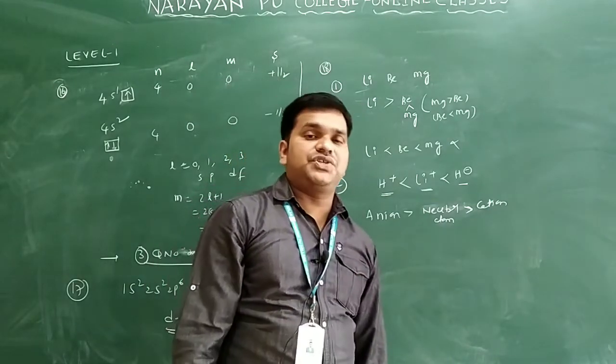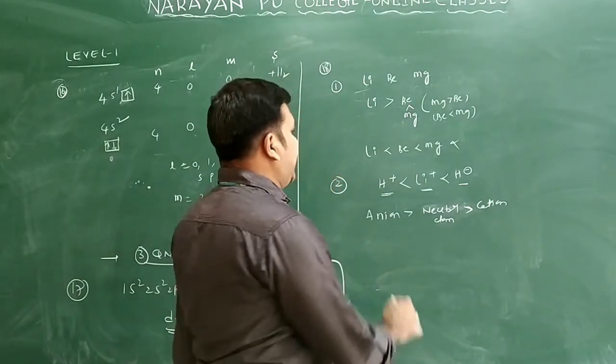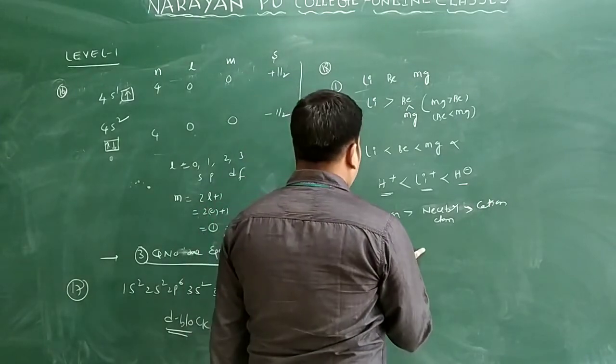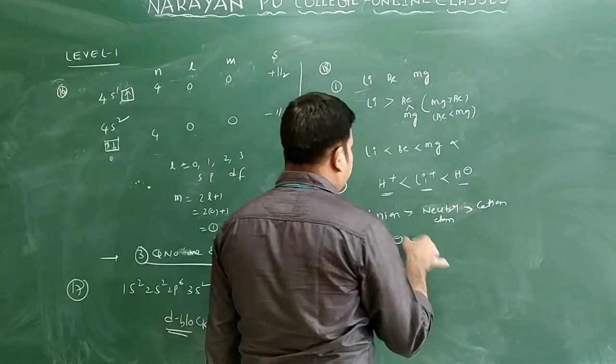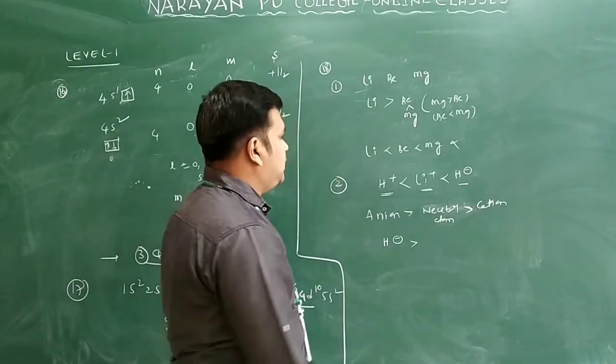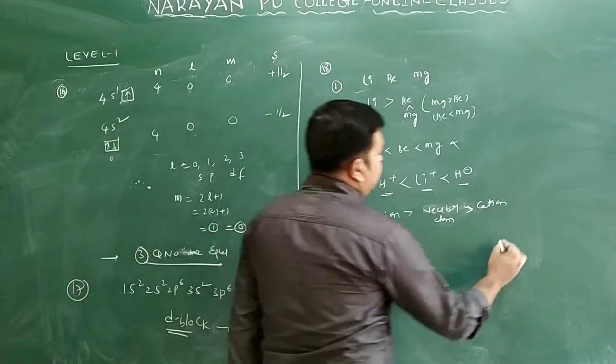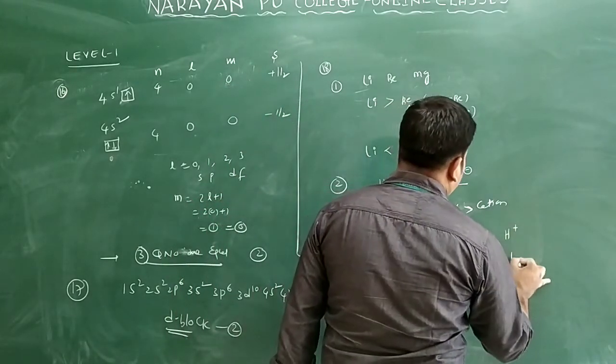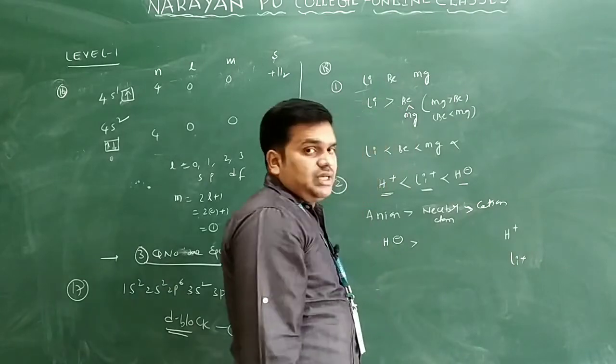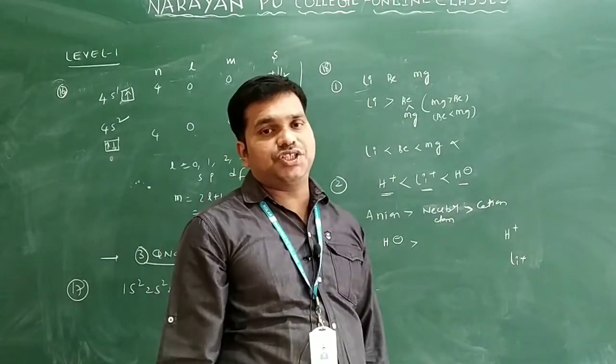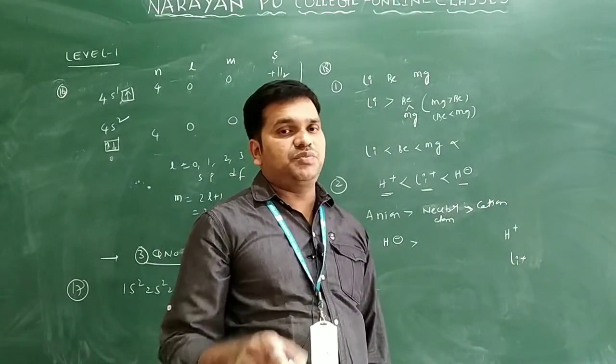So generally if you see the order, anion is more than the cation. Suppose I am taking the anion, H minus. Now compared to H plus, Li plus is there. Hydrogen, lithium, sodium, potassium, rubidium, cesium and francium are group elements.